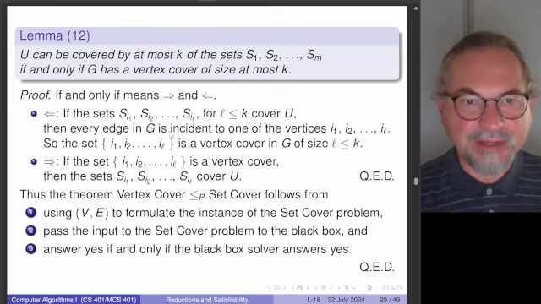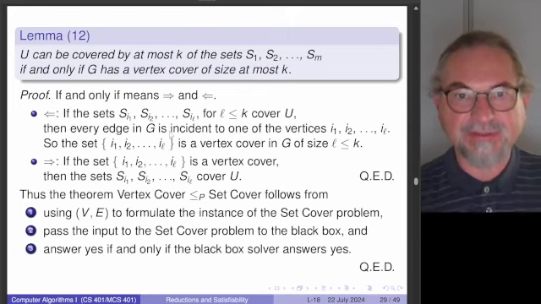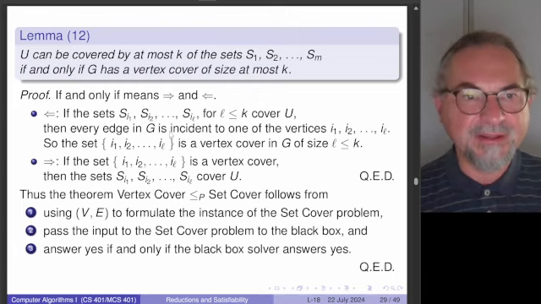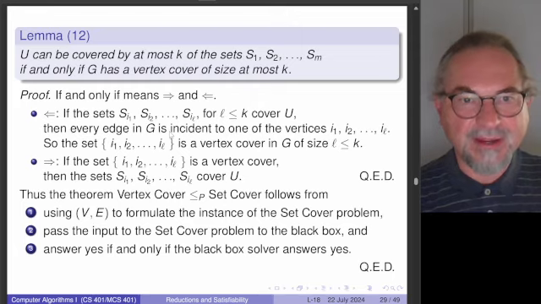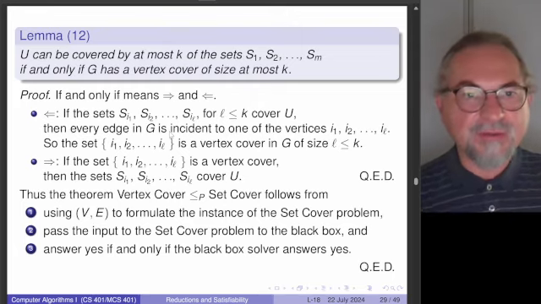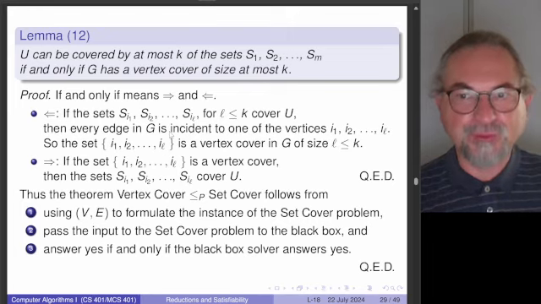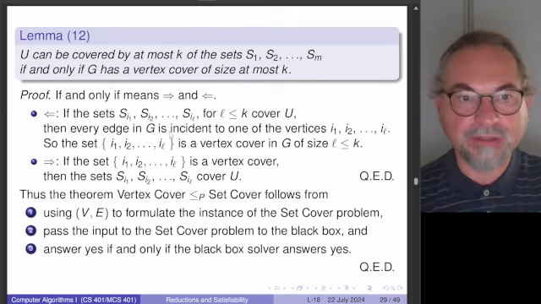I'm sorry, we have m subsets. The m here is a little bit confusing to me now. So we can use at most k of the sets. If we have a solution to the set cover problem, then we have also solved the vertex cover problem.